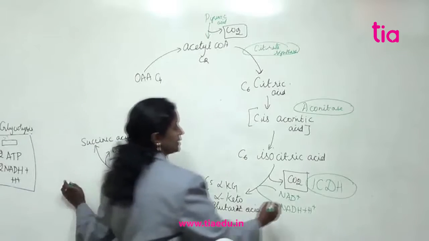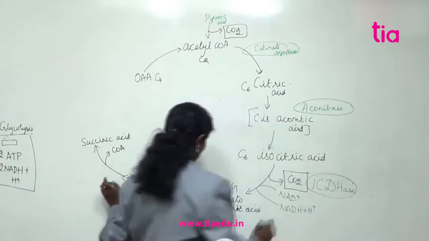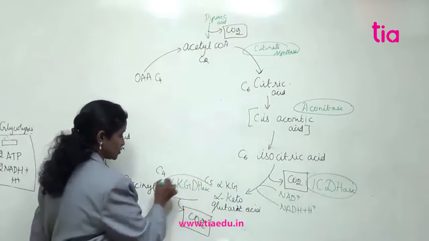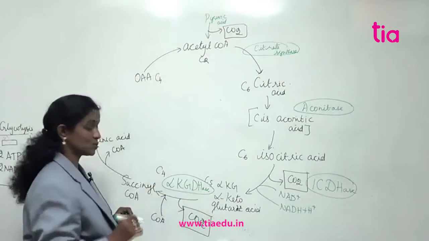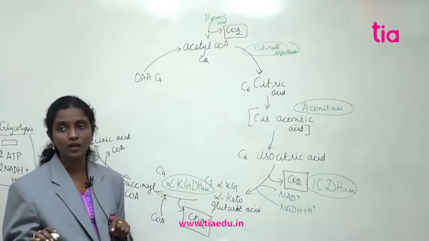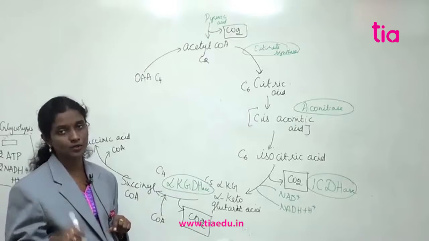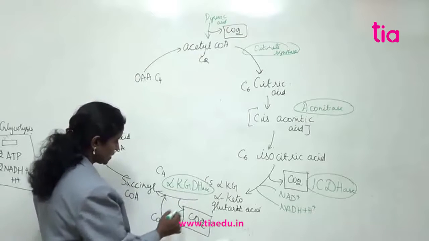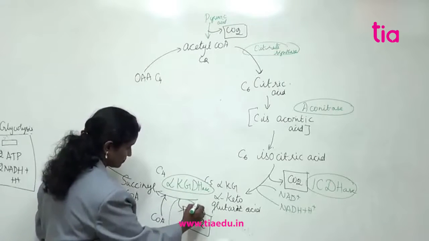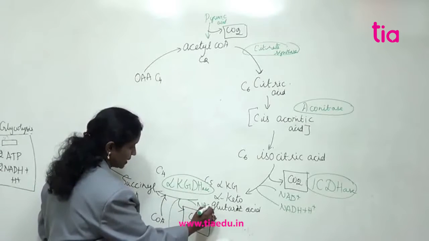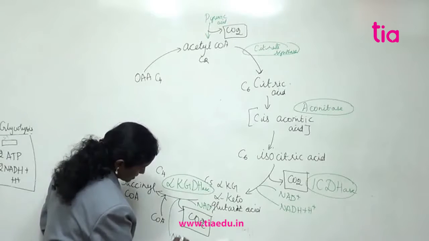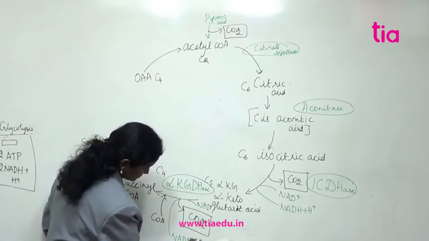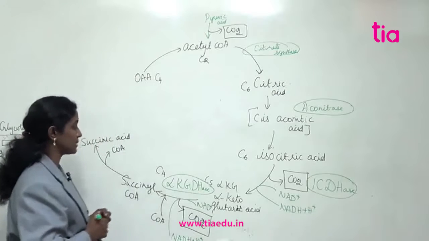DHase, you can take it as dehydrogenase. Whenever a dehydrogenase is involved, we are aware that NAD is going to come inside, and then NAD is going to become NADH plus H plus.